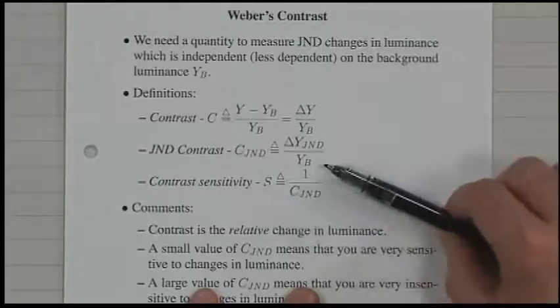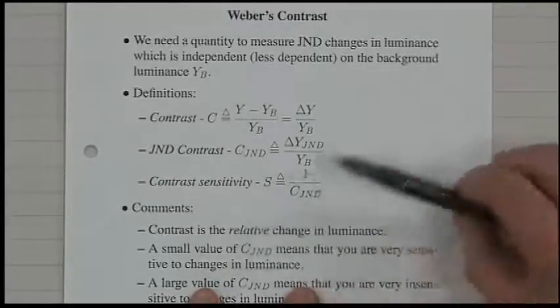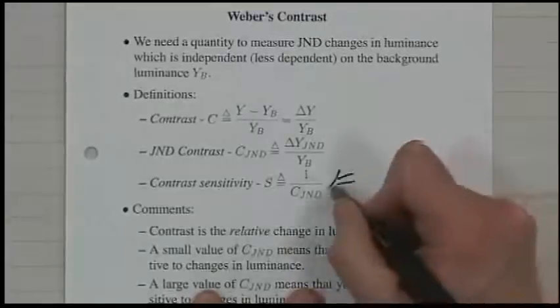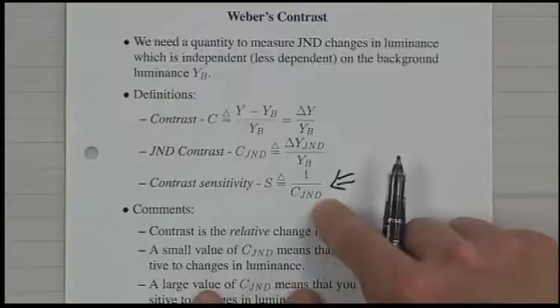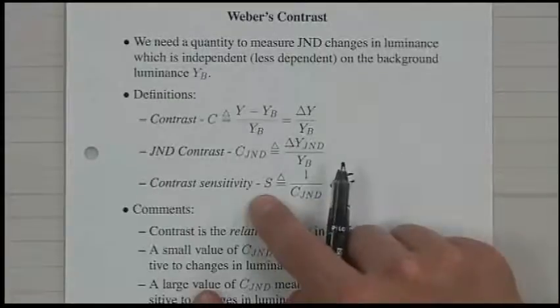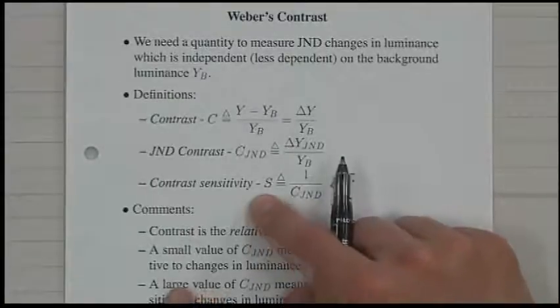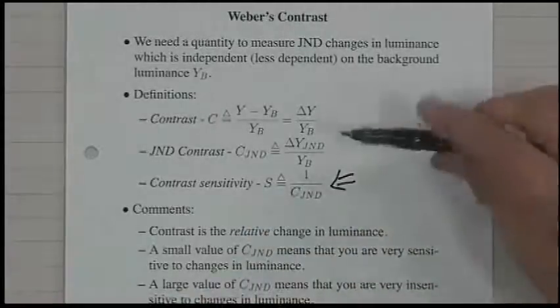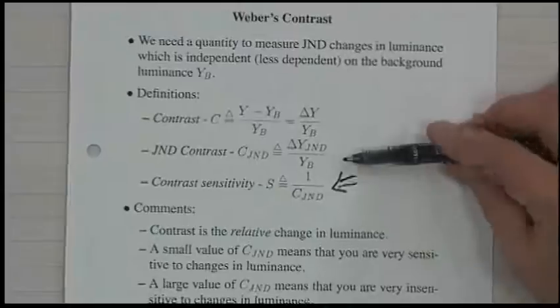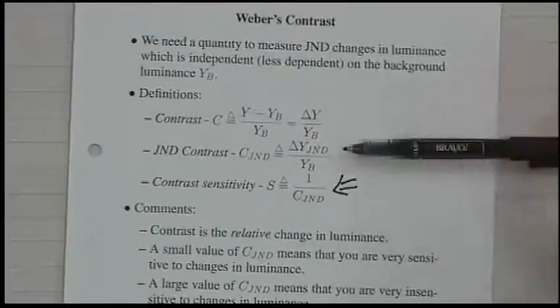And now we're going to define another thing, which is if we take the reciprocal, 1 over the contrast that's just noticeable, this is called the contrast sensitivity. Now let's think about that a little bit. If you're very sensitive to something, then a very small change in contrast will be noticeable.